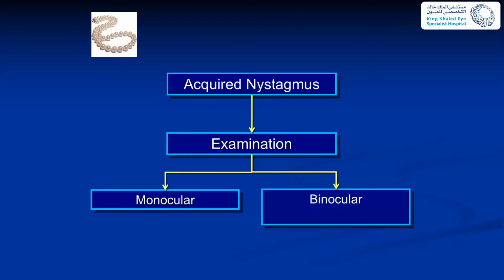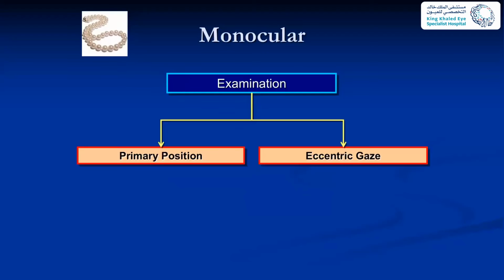Is it monocular or binocular? And then you examine the monocular. Is it in the primary position or in the eccentric position? You can answer this as you examine the nystagmus and you draw this double cross, and you put in each position where the movement is. You can tell that this is in primary gaze or this is in eccentric gaze.